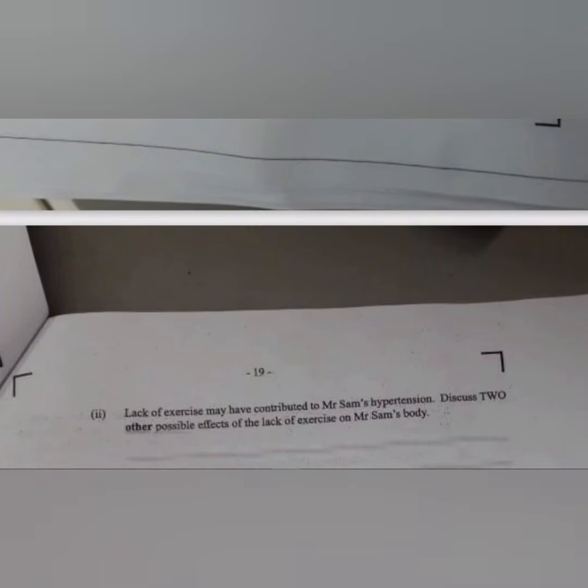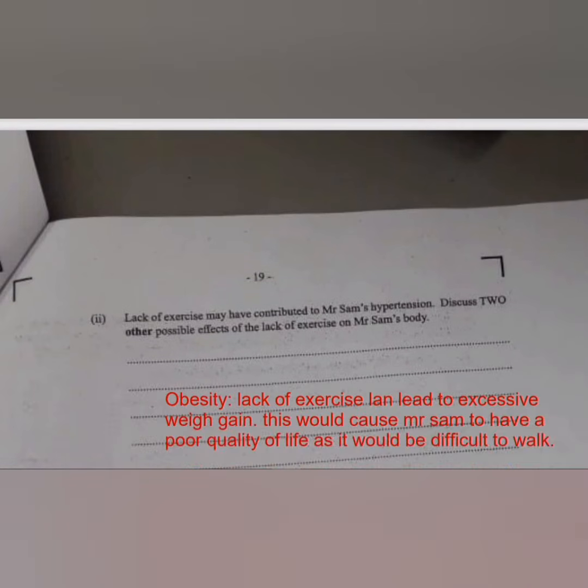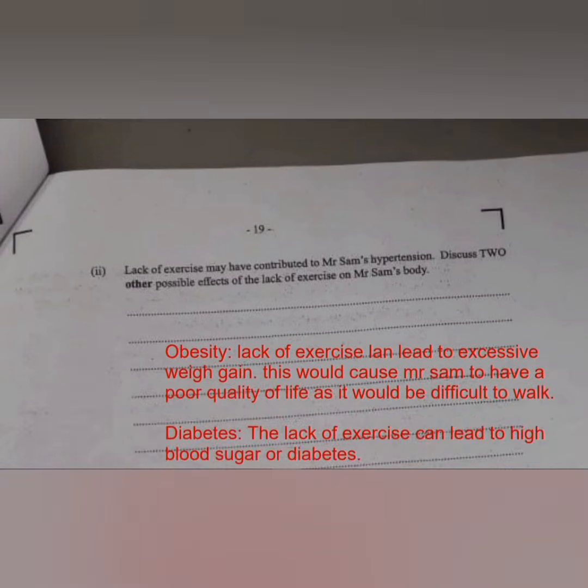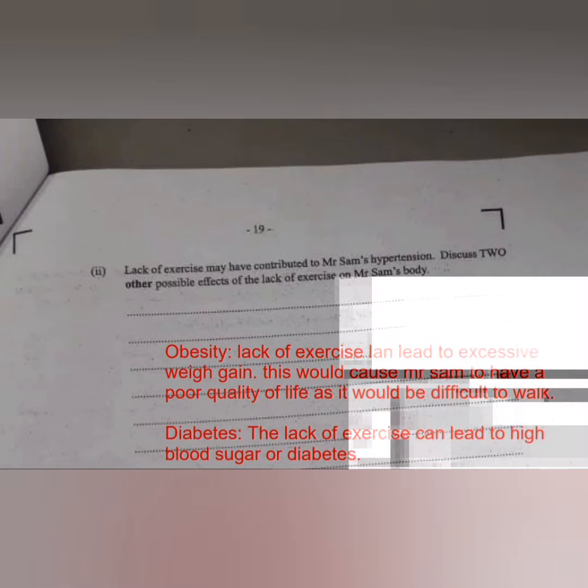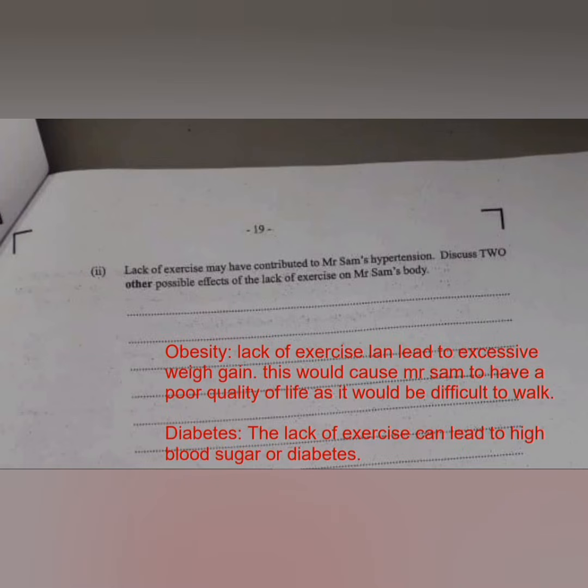Next question. Lack of exercise may have contributed to Mr. Sam's hypertension. Discuss 2 other possible effects of the lack of exercise on Mr. Sam's body. So if it says discuss, you cannot just give a suggestion, but you must now go on to explain, talk about this suggestion or talk about the answers that you have given.